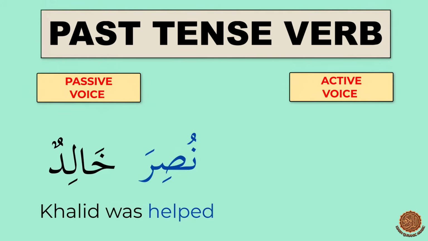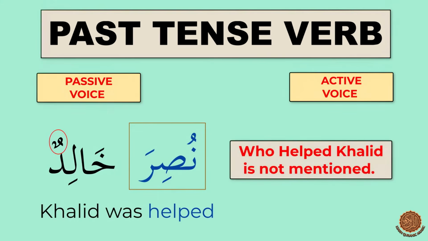So we say, Nusira Khalidun. And notice the actual grammatical state changes. We'll talk about this later on in grammar in more detail, but I just want to draw attention to this. When we talk about the passive voice, we use, in this case, Nusira. So Nusira Khalidun means that Khalid was helped, but we don't know who helped him.